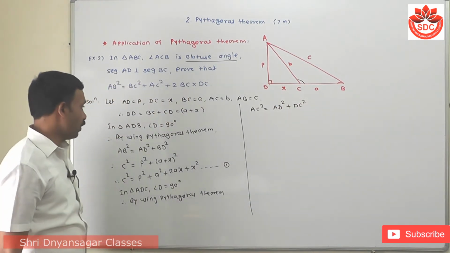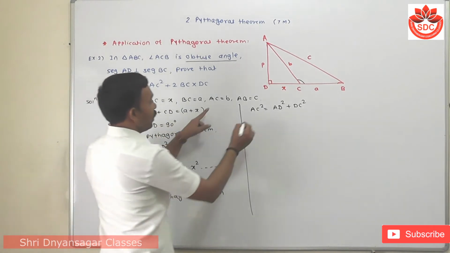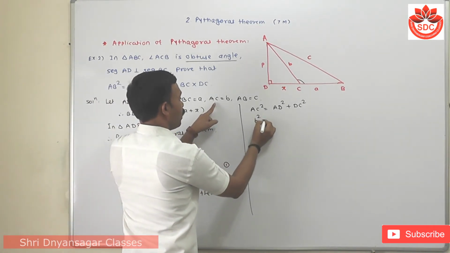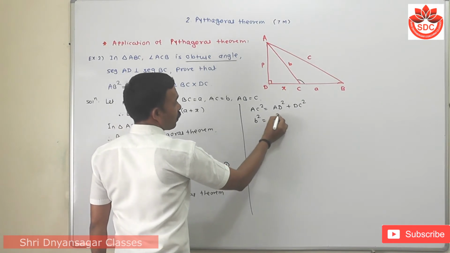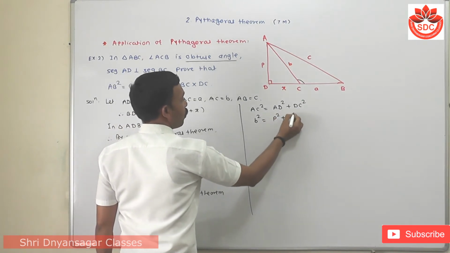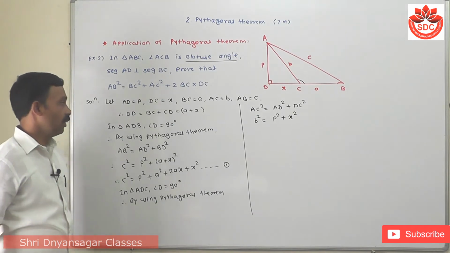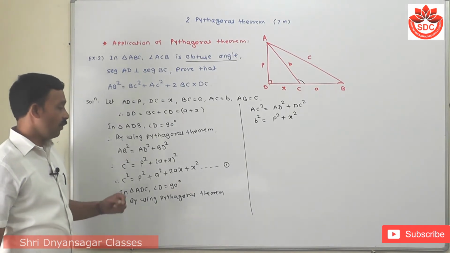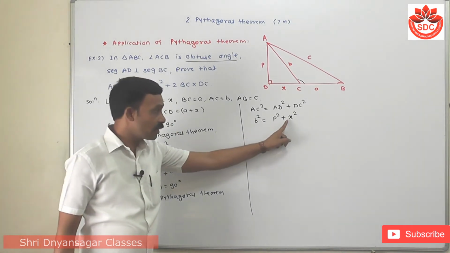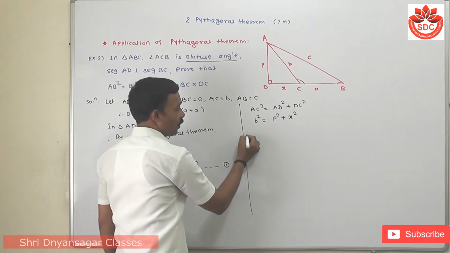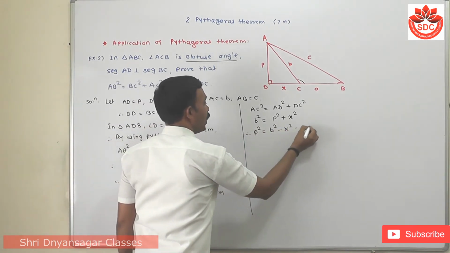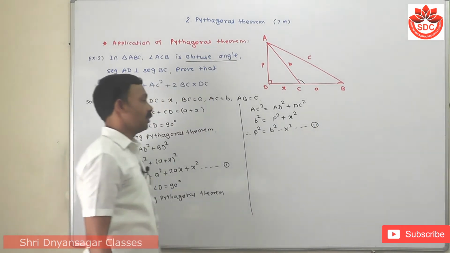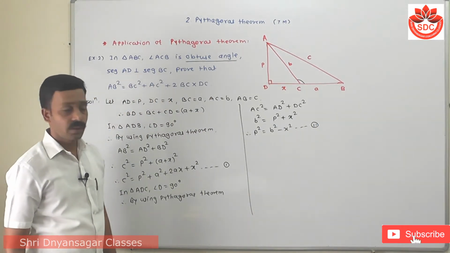Then we substitute the values. The value of AC is B, so B square is equal to the value of AD, P square, plus DC, which is X square. Then from this we have to find the value of P square, so transpose this to the other side. I write P square is equal to B square minus X square. Suppose that this is equation number second.